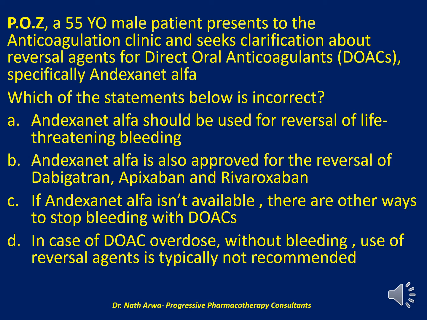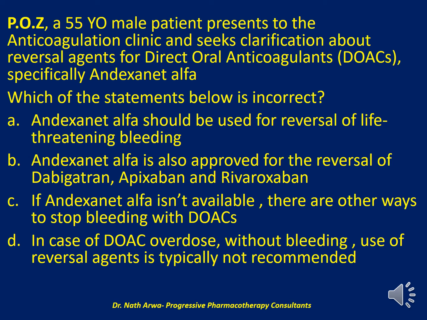Is it A, andexanet alpha should be used for reversal of life-threatening bleeding? Or is it B, andexanet alpha is approved for the reversal of dabigatran, apixaban, and rivaroxaban? Or is it C, if andexanet alpha isn't available, there are other ways to stop bleeding with DOACs?